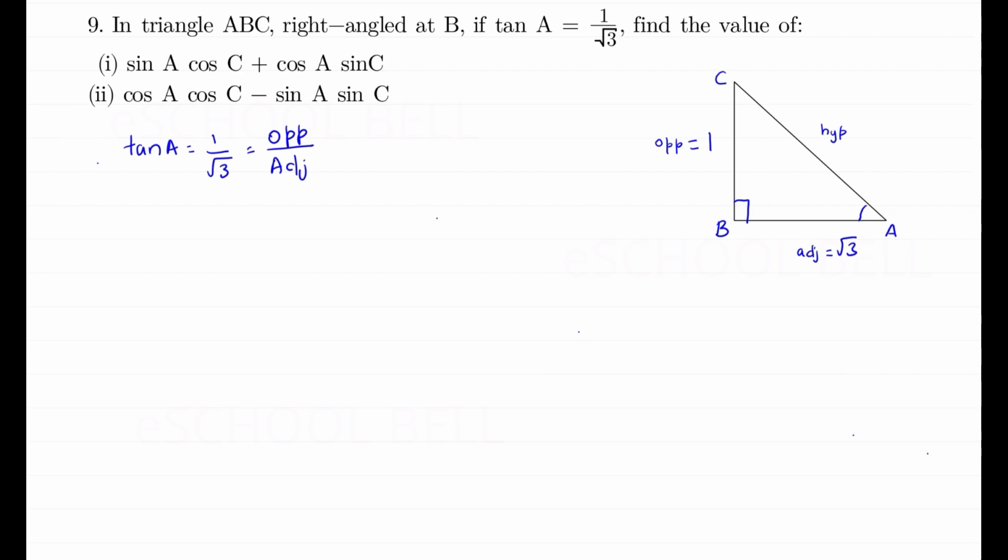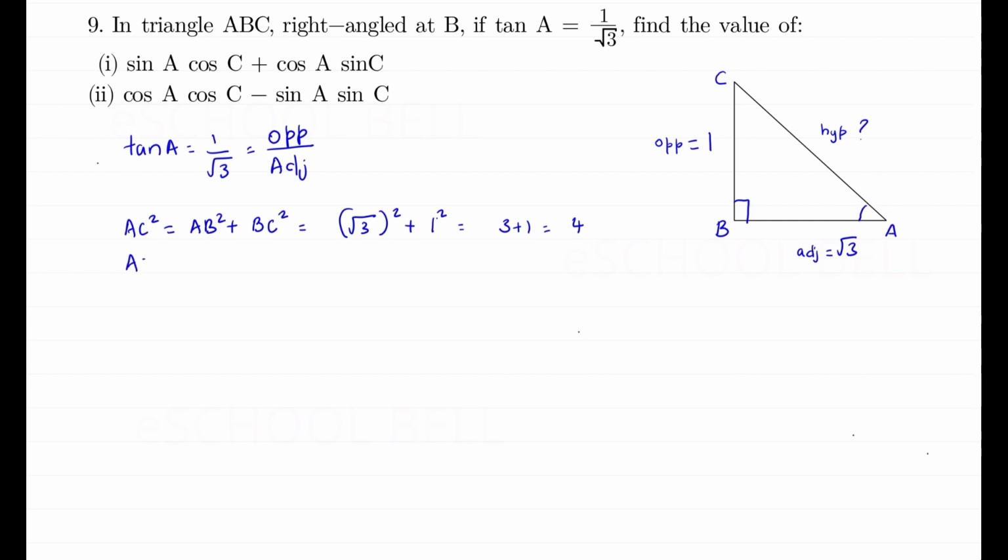So we have to find the hypotenuse, which is AC, for which we will use the Pythagoras theorem. As per that, AC square will be equal to AB square plus BC square. AB square is root 3 the whole square plus 1 square, that equals 3 plus 1, that equals 4.